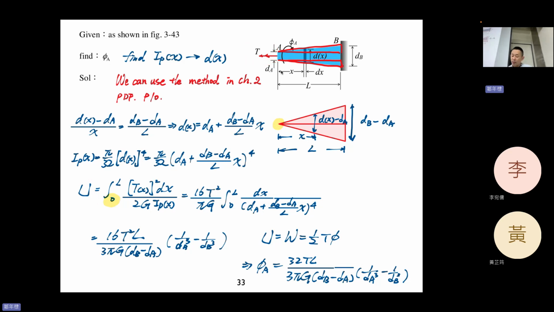Because we only have one torque, we can obtain the rotation angle by using the U and W work directly. Okay, so that's the chapter 3 recap.